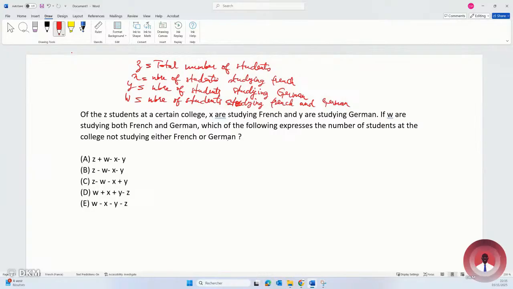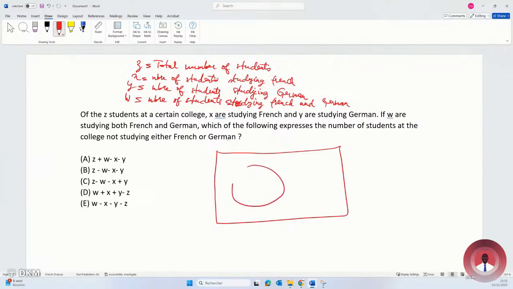Okay, so here it simply means that we can use this diagram like this. So let me use different colors probably.